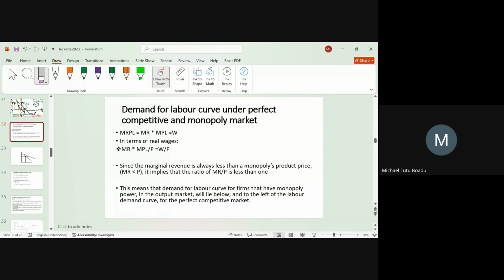But when it comes to perfect competition, because the market is saturated with a lot of producers, everyone is demanding labor. So perfect competitive firms are more likely to hire more labor and produce more than the monopoly.